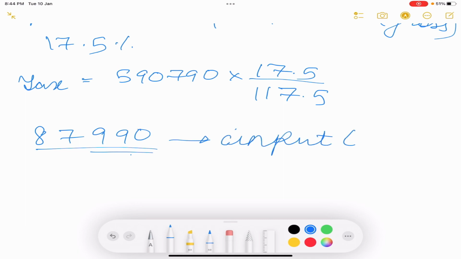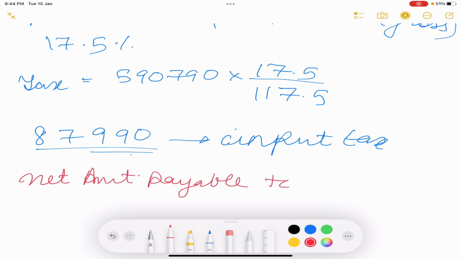Why is it my input tax? Because this is something which I have paid on purchases. Okay. Now, net amount payable to the government. How do you calculate the net amount which is payable to the government?